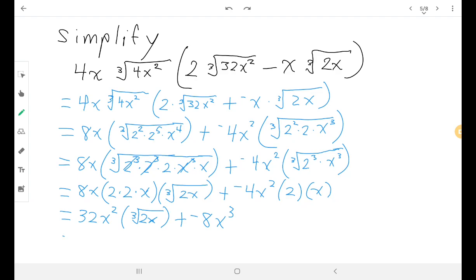Now, if you really wanted to, you could turn that plus negative back into a minus, but that top answer is a perfectly acceptable answer as well. I'll pause for a moment, give you a chance to look at that.